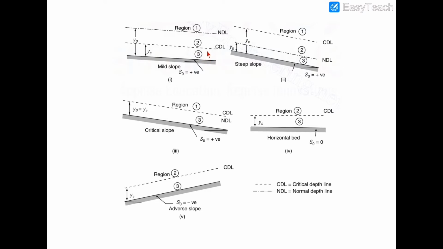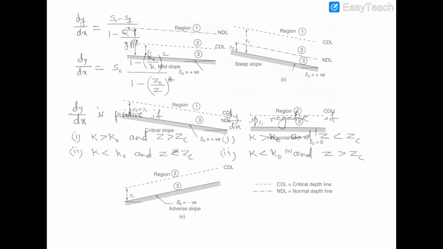And region 3 is the space between the second line and the bed. In similar way, here region 1, region 2, region 3. Here region 2 will be absent because NDL and CDL coincide. In horizontal bed, region 1 will be absent. In adverse slope, region 1 will be absent.